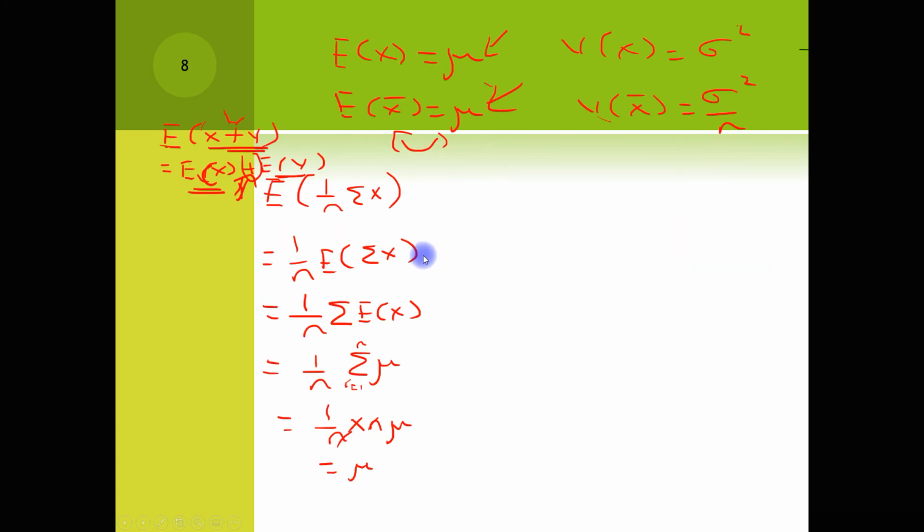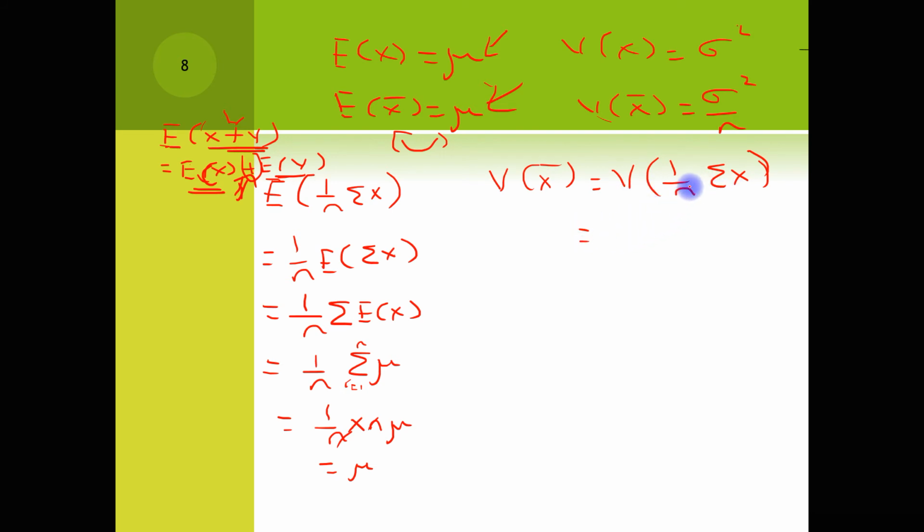Now, what about the variance? The variance of x bar is going to be the variance of 1 upon n sum of x again.